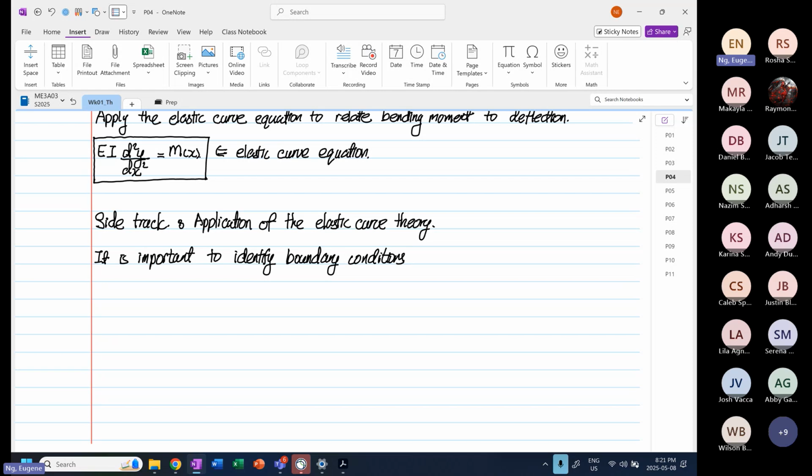So what we have is V, M, theta, Y. V is our shear force. M is the bending moment.